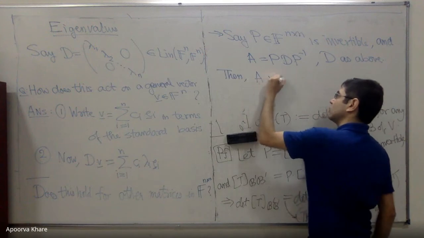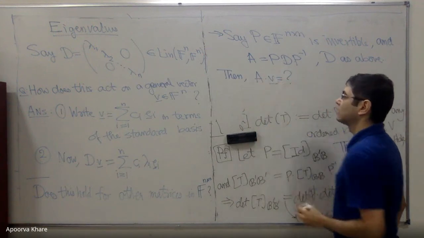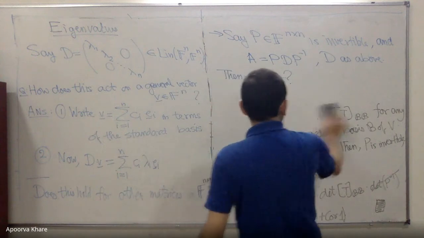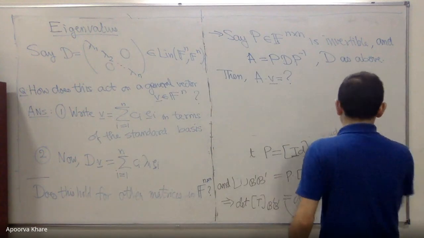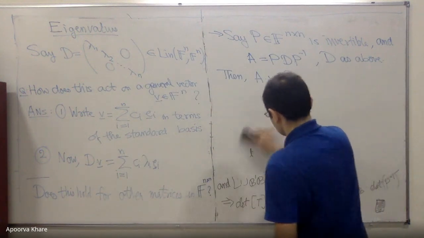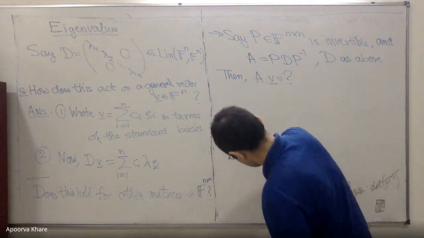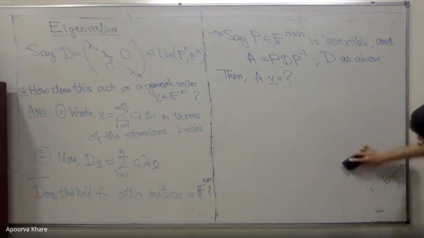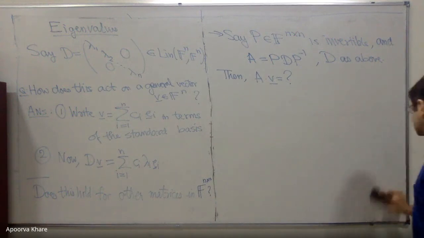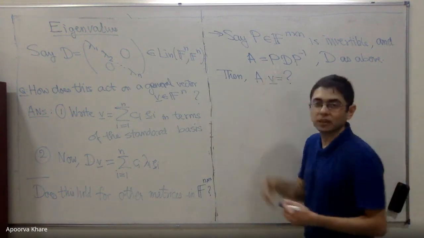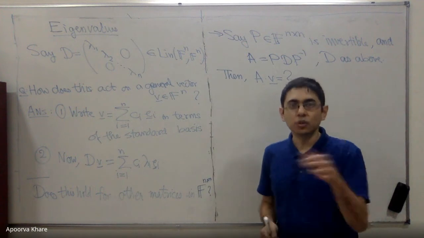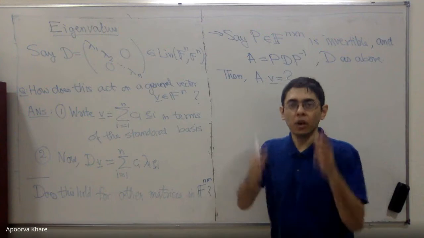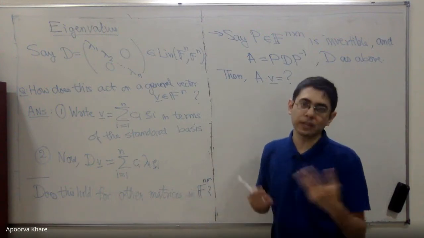Then A times v equals what? Well, here is how we proceed. Again, you do the same two steps, except you use a different basis of F^n. What basis do you use? Well, notice that if P is an invertible matrix, then its rows span the entire row space, hence they are a basis of the row space, or its columns span the entire column space, they are a basis in particular.